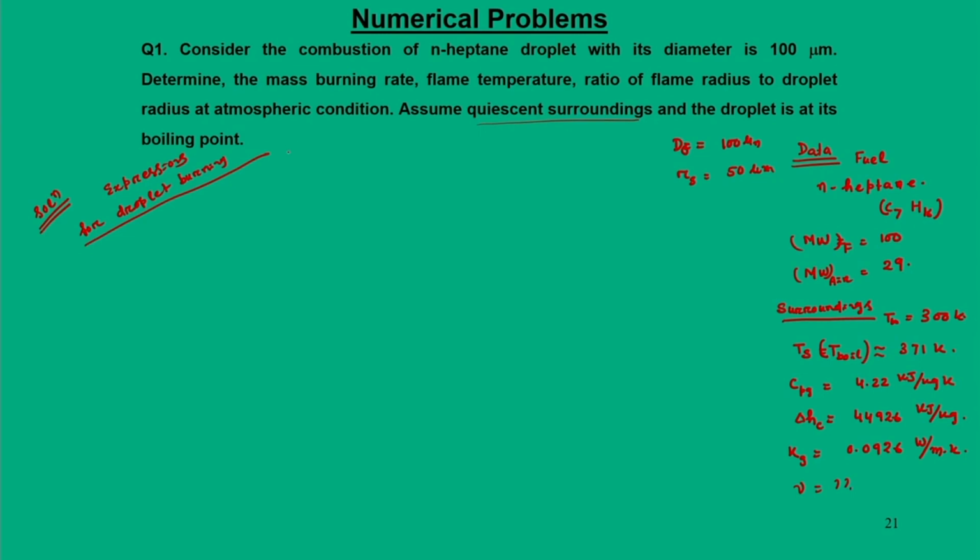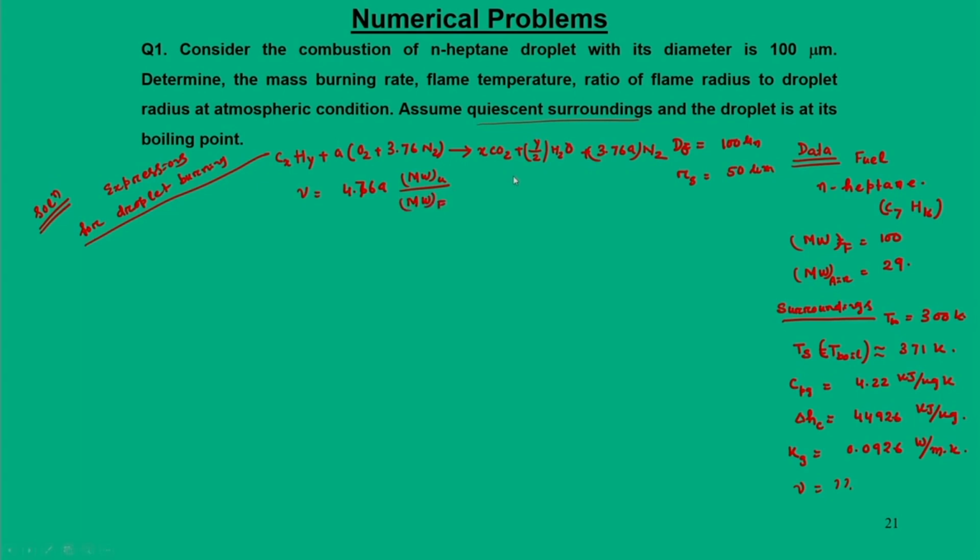To do that, we have to recall the fundamental combustion equation for a hydrocarbon fuel: CxHy plus A times (O2 plus 3.76 N2) gives rise to x CO2 plus y by 2 H2O plus 3.76 A times N2, and nu, that is the air fuel ratio, is 4.76 A times molecular weight of air by molecular weight of fuel.